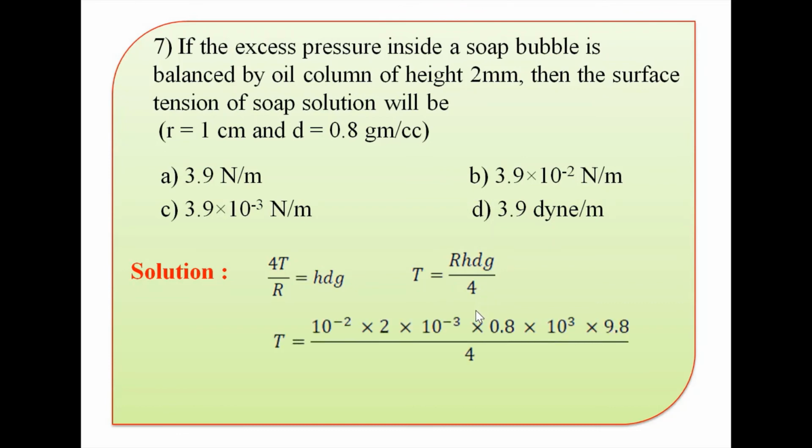Putting the values in this equation, T equals 10 raised to minus 2 into 2 into 10 raised to minus 3 into 0.8 into 10 raised to 3 into 9.8 divided by 4. Calculating this, we get the answer 3.9 into 10 raised to minus 2 Newton per meter. So here option B is correct. Let's see the next objective.